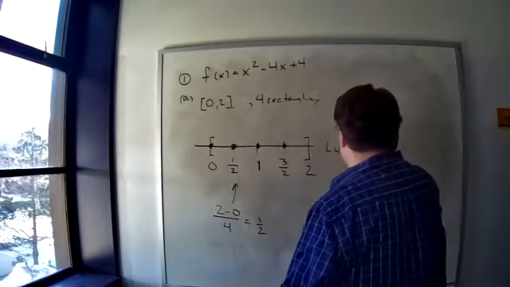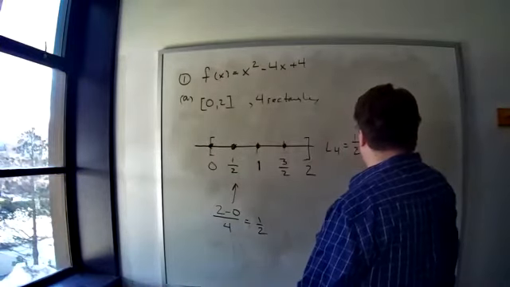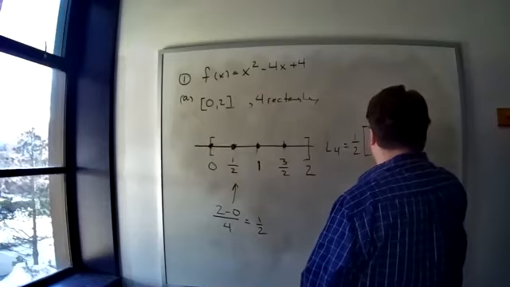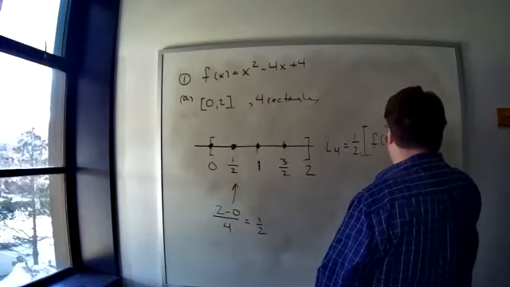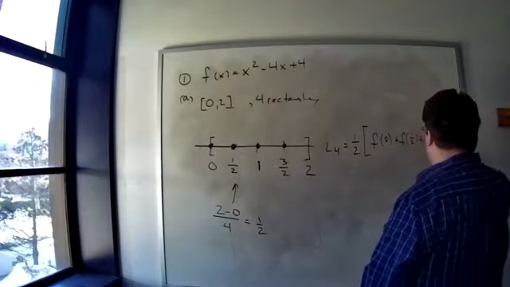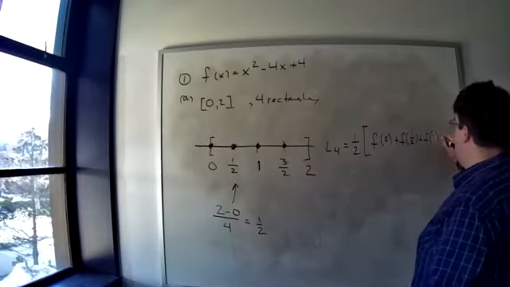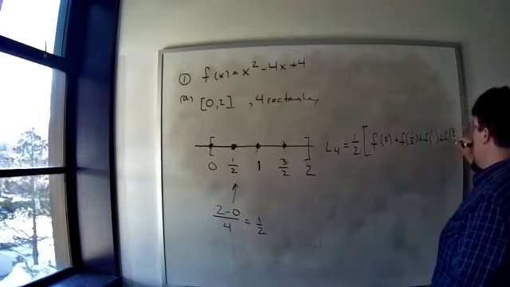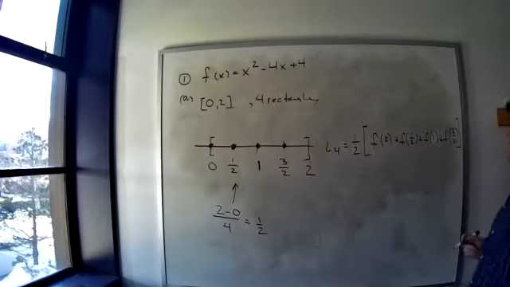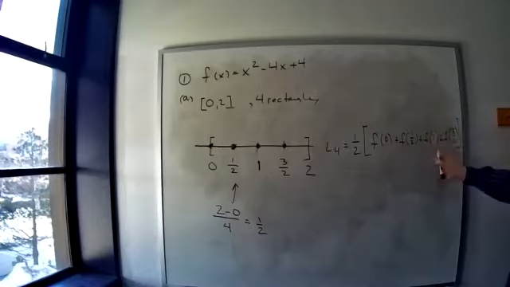So L4 is a half, the one side, times the other sides, F of 1 plus F of 3 halves. So now we have to simplify all of this. Any questions about setting up this left-hand approximation?